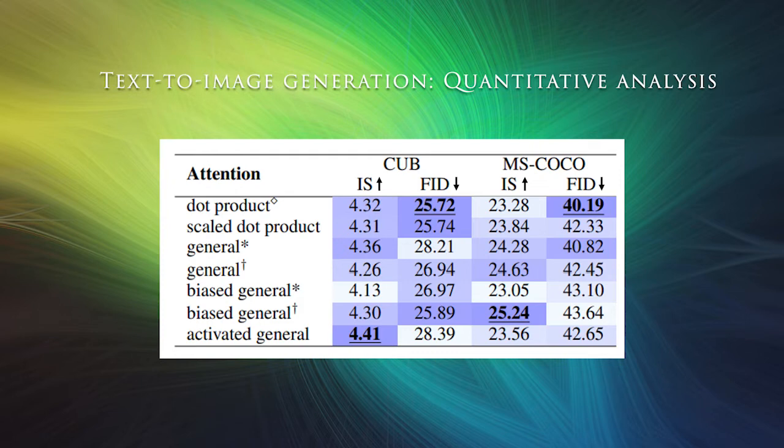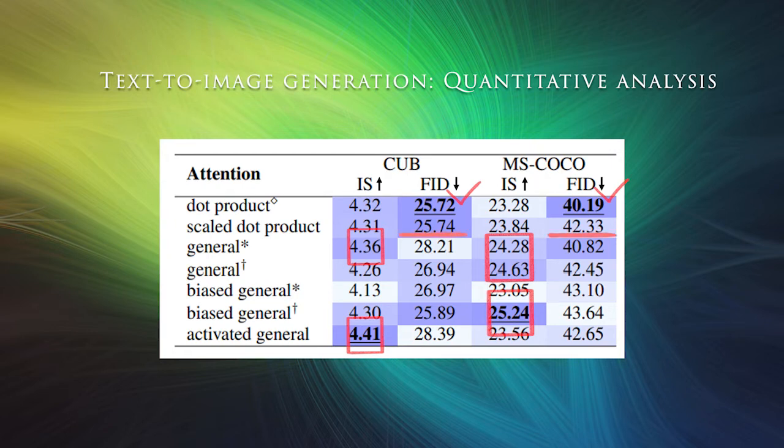The results in this table illustrate quite different trends compared to the previous tasks. First, none of the alignment functions produced a consistently better performance in both evaluation metrics, IS or FID. While neural network-based alignment functions, aka general, biased, and activated general, achieved higher IS scores than others, the dot product dominated in FID scores, for both CUB and MS COCO.